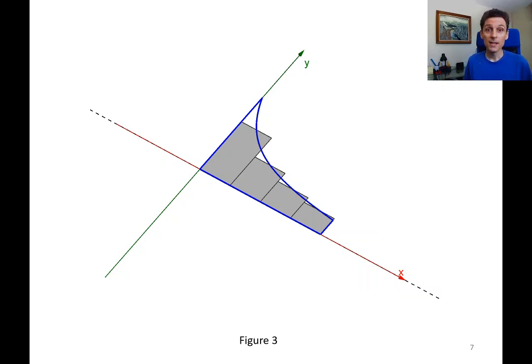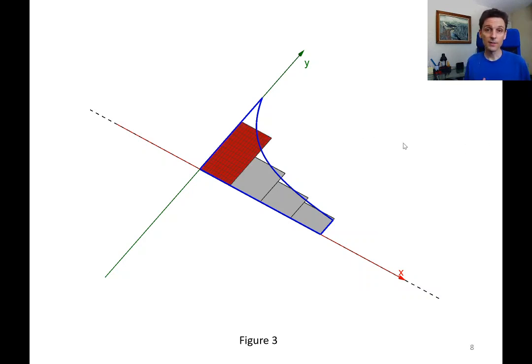And then rotating these rectangles to create approximating solids. So can you say what the shape of these approximating solids would be if we're rotating about the x-axis? So if you said cylinders, or more specifically, right circular cylinders, then that's correct.